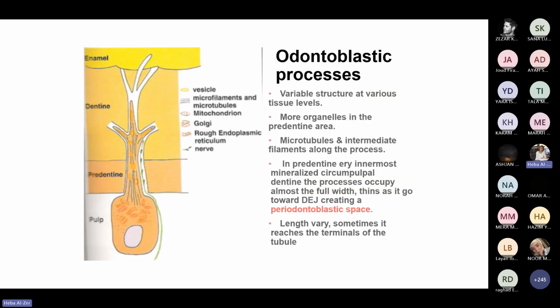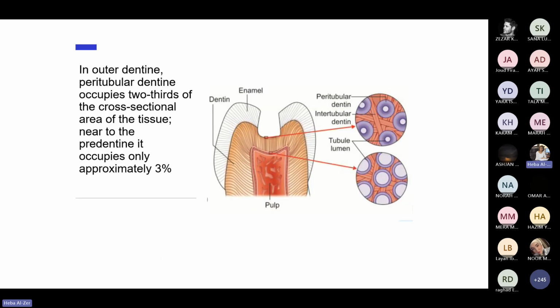See here, the odontoblastic process is wider at the pulpal end and gets thinner and thinner as we go to the dentino-enamel junction. So at the pulpal floor, wider odontoblastic process, less peritubular dentine. At the dentino-enamel junction, smaller odontoblastic process, sometimes actually not there, and more peritubular dentine.